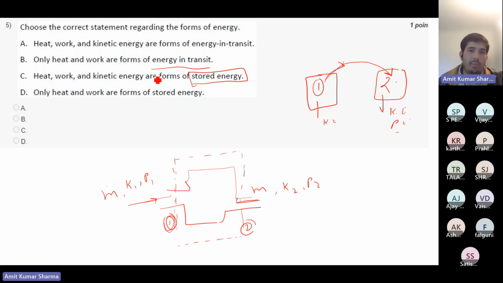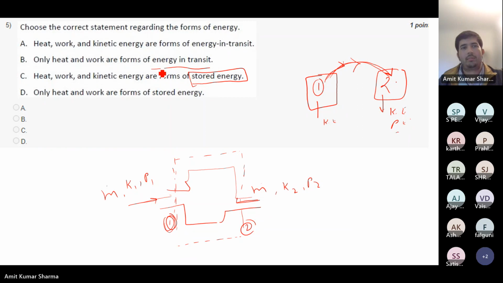But this stream is going from 1 to 2. There is a process, there is a path. Now what else is here? What do you think?